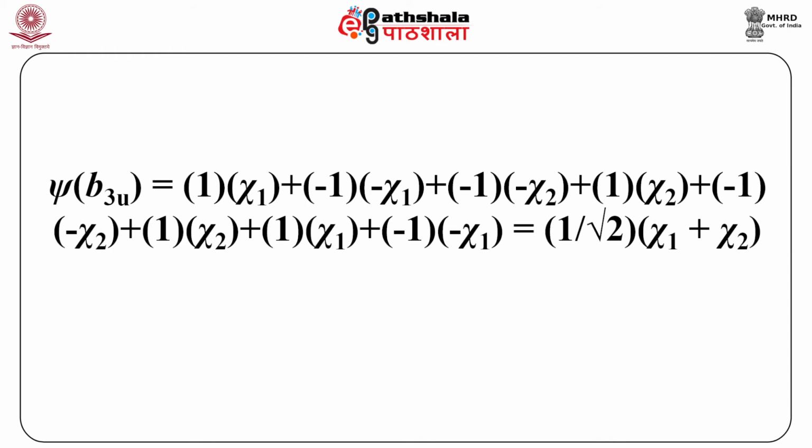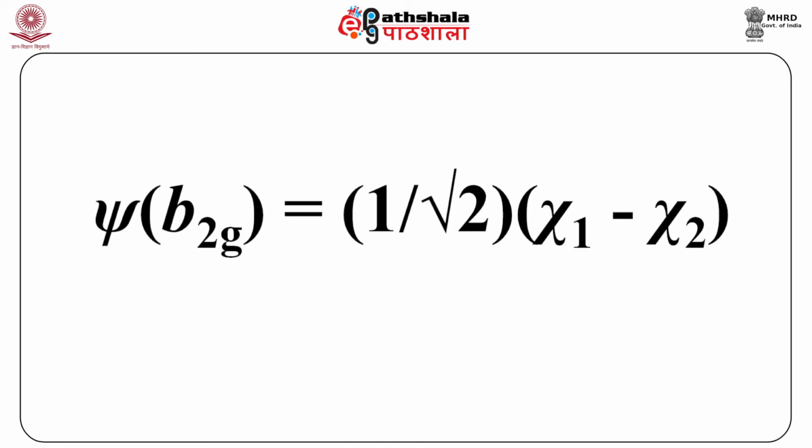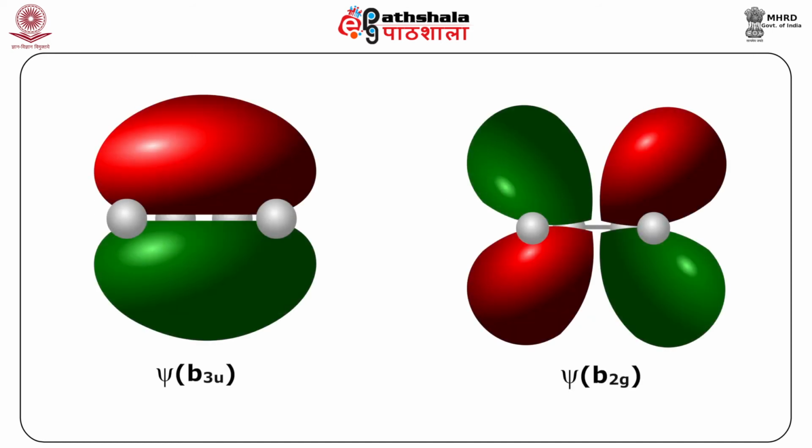We do this, and after normalization we find that the combination is 1 by root 2 (chi1 plus chi2), and for B2g the combination is 1 by root 2 (chi1 minus chi2). These two wave functions are shown in the figure. You can see the projection in the YZ plane is also shown. Psi B3u you see is a bonding orbital because the electron density is spread. If you take the maroon color as the positive lobe and the green color as the negative lobe, both lobes are delocalized over the 2 carbon atoms.